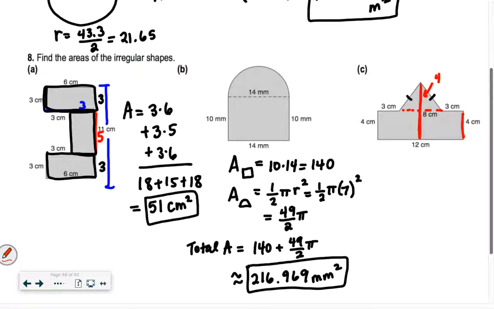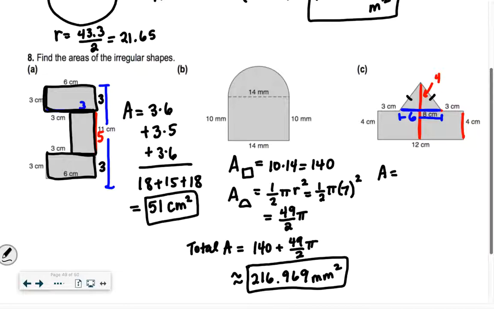So we need to figure out the base of the triangle. So subtract 6 from 12. Yeah, we subtract 6 from 12 because we have 12 going all the way across, and we're subtracting out 3 and 3, right? So the blue line that I drew in is 6. It gets a little hard to see all your drawings after a while. So we could break it apart into the area of the triangle and the area of the rectangle.